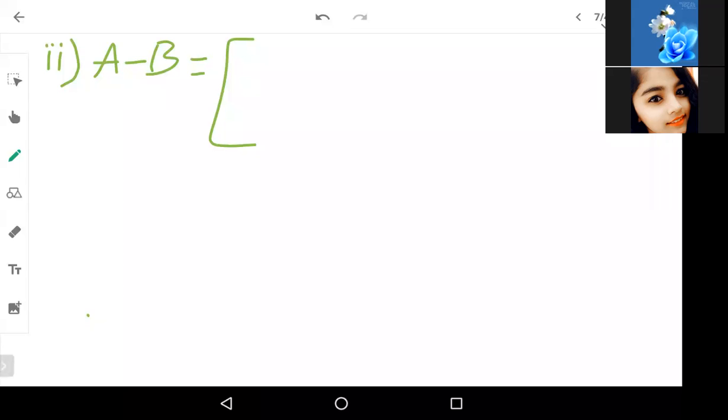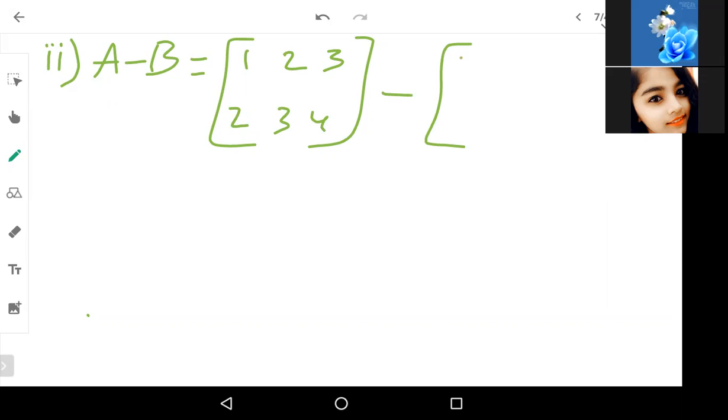Because the question would have given some number and the number you have considered in the solution will be different and the answer will go wrong. Okay, so be careful with that. So again we have A and B, which is 1, 2, 3, 2, 3, 4 minus the B matrix 0, 1, 2, 3, 2, 6. Okay, so this is the second one.